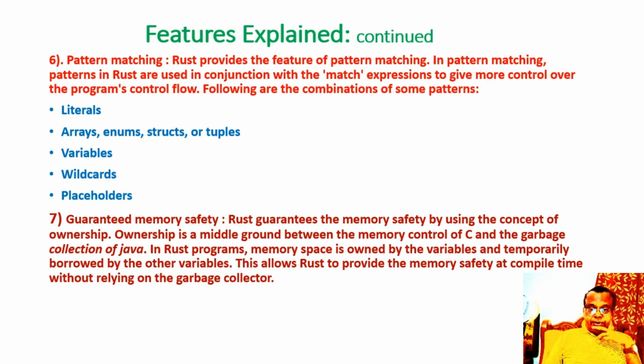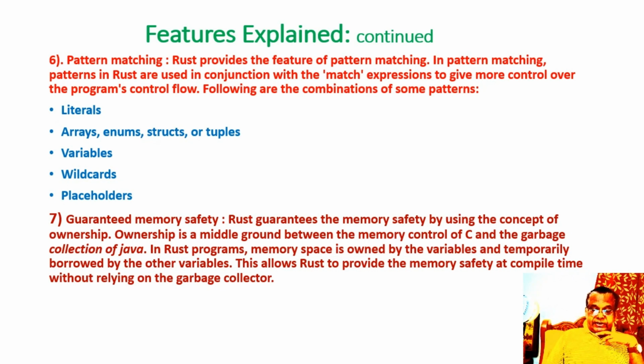Following are the combinations of some patterns. Literals, arrays, enums, structs, or tuples. Next, variables. Next, wildcards. Finally, placeholders.